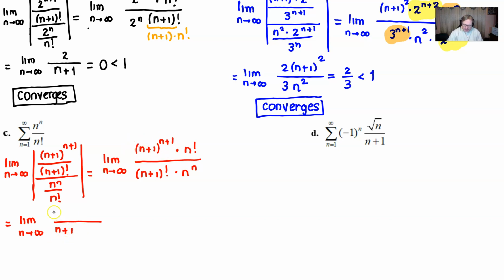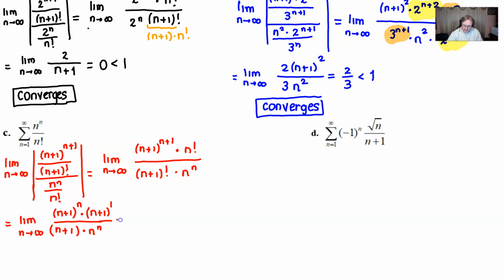But if that's a little tough for you to see, what I might suggest is we break apart n plus 1 to the n plus 1 by saying n plus 1 to the n times n plus 1 to the first. Notice whenever you have like bases, you would just add the exponents, and that's exactly what's going on here. Now, don't forget there's still an n to the n on bottom. I don't want to forget him.